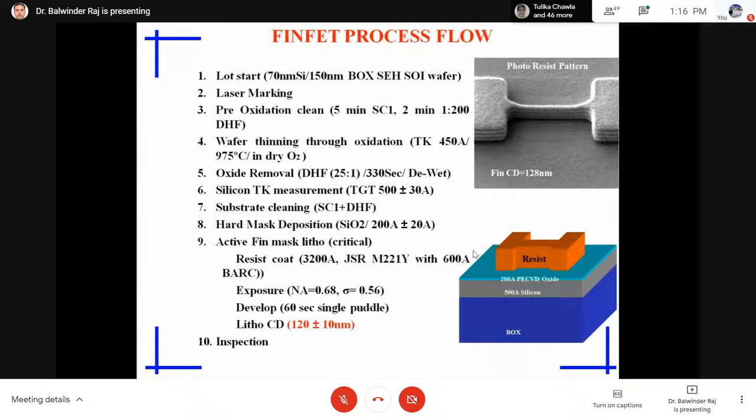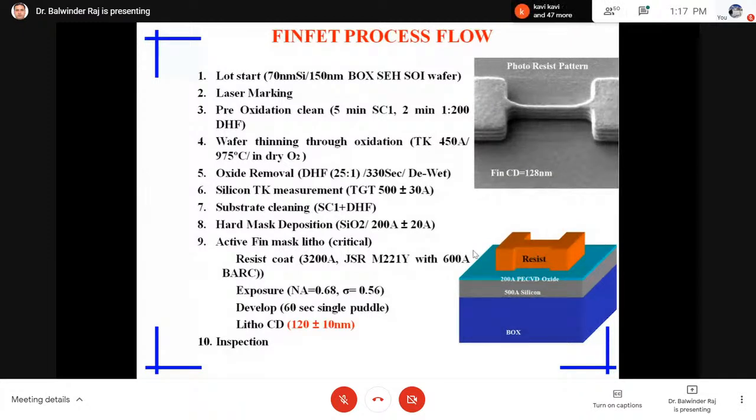Then these are some of the FinFET fabrication steps with the dimensions and also with the time. For how much time, which chemical or bias voltage is applied; for the etching we use hydrofluoric acid.